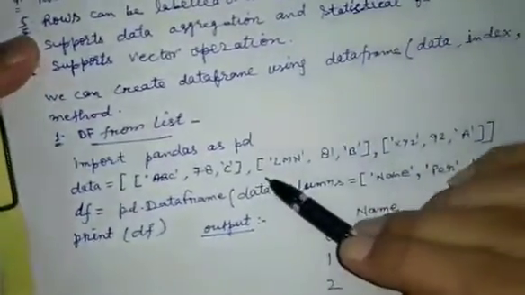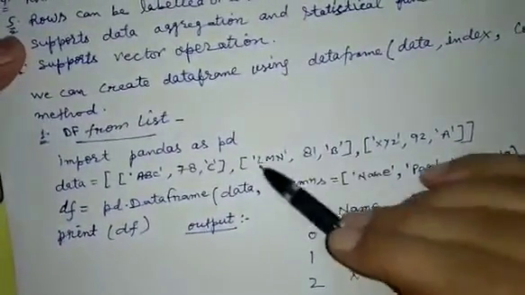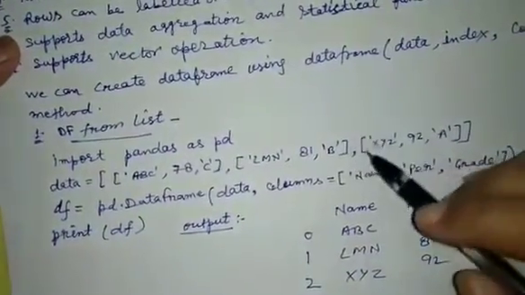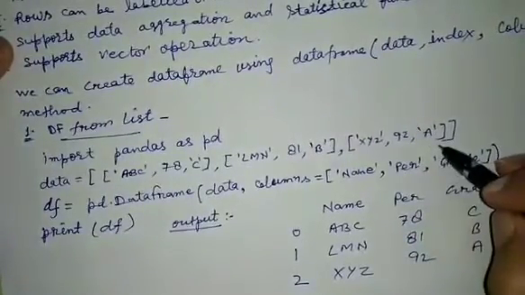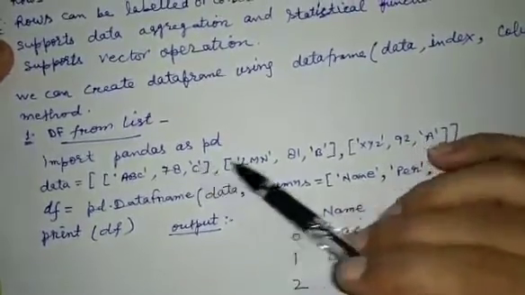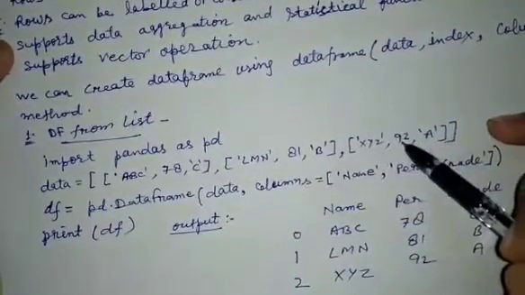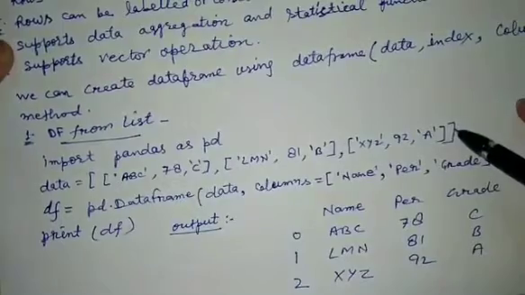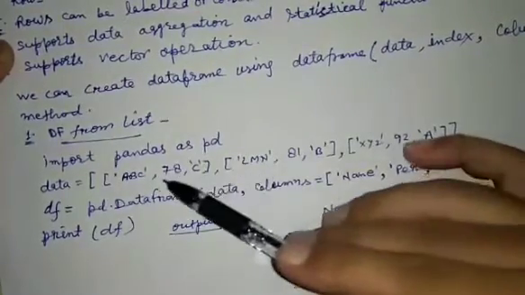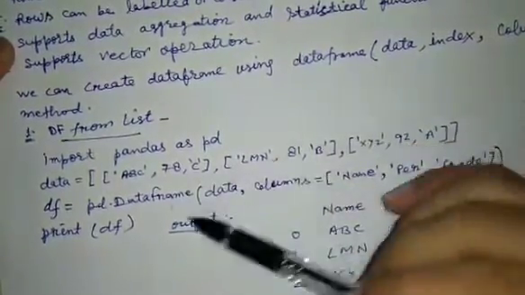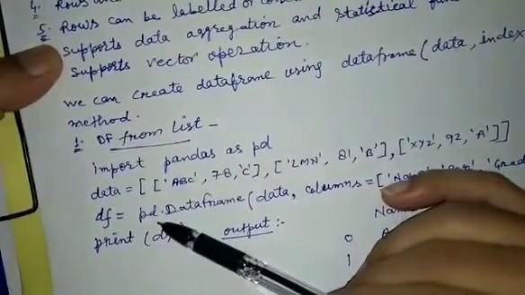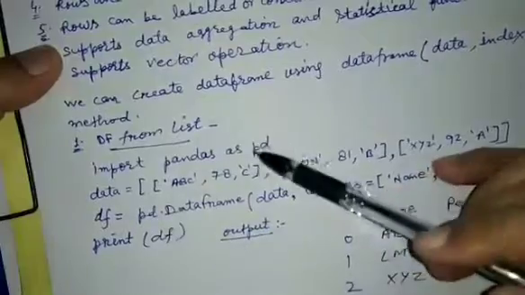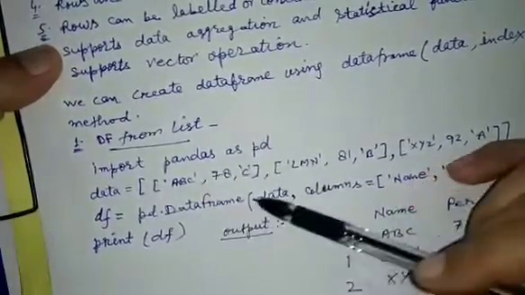The second element is also a list having 3 elements, and the next element of the list is also a list. So each individual element of this outer list will work as a row of the data frame. Now df is equal to pd.DataFrame.